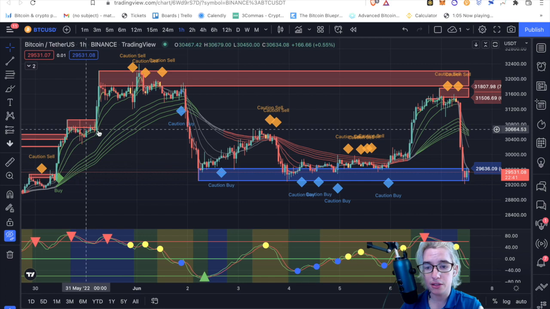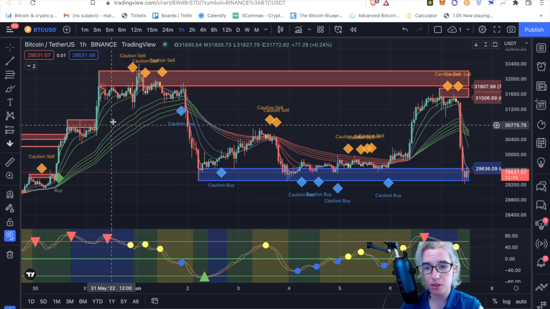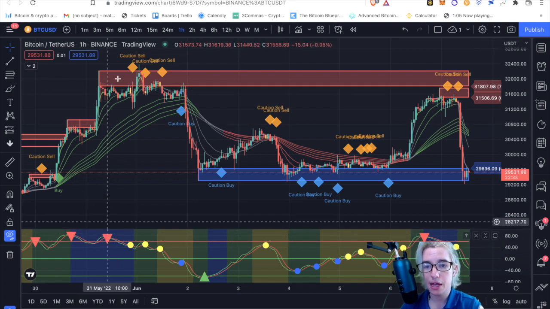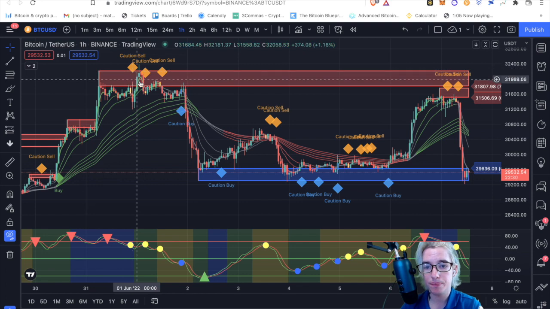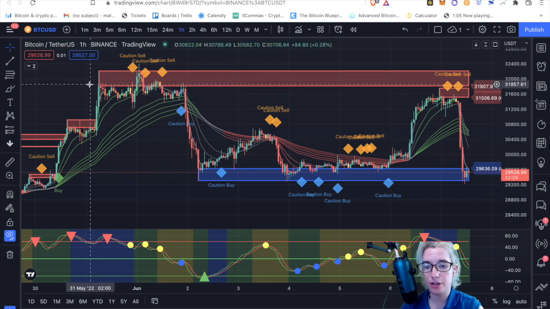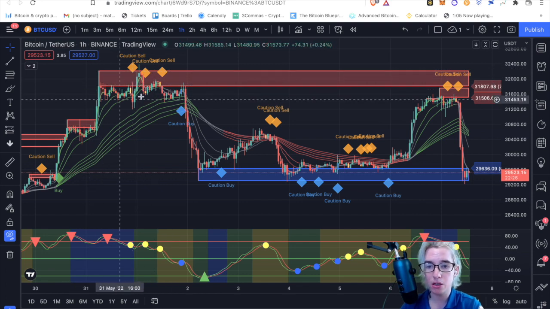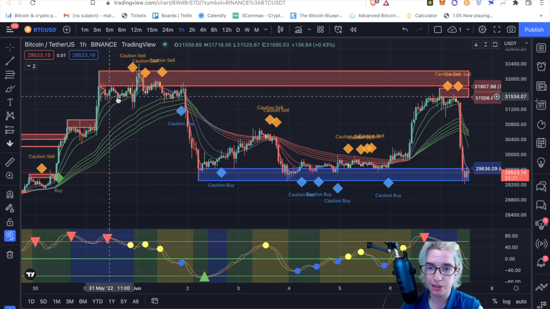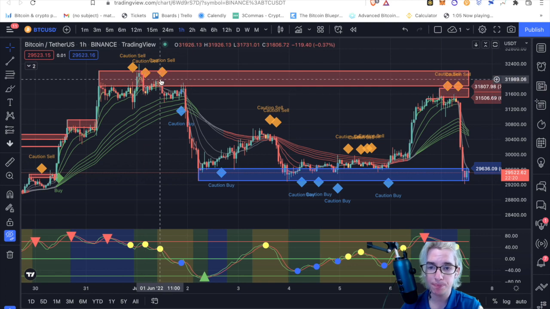So then we have a strong sell right here on both V1, as we can see here, and V2 right here. So we could have entered a short on any of these candles. They are all around the same price, so it doesn't really matter that much.